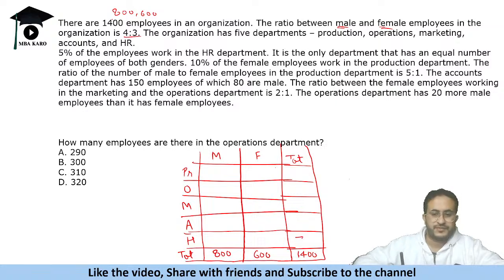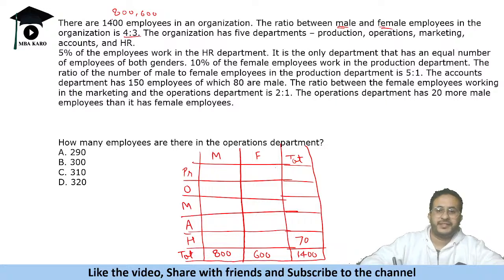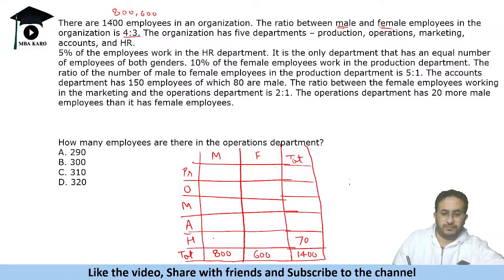So HR, 70 employees. It is the only department that has an equal number of employees of both genders. So 35, 35 each. Okay. Next says 10% of the female employees work in the production department. So female employees are 600, 60 work in production department. The ratio of the number of male to female employees in the production department is 5:1.